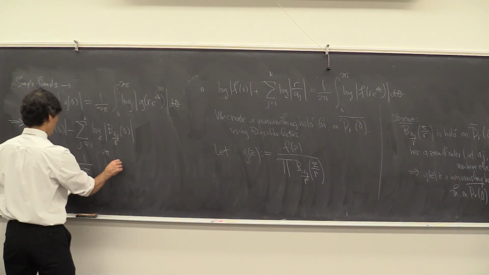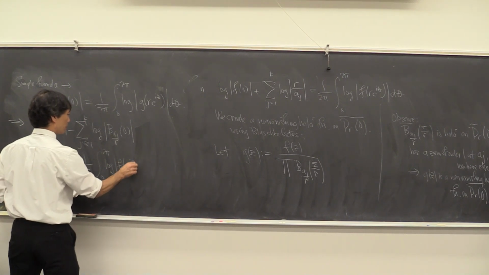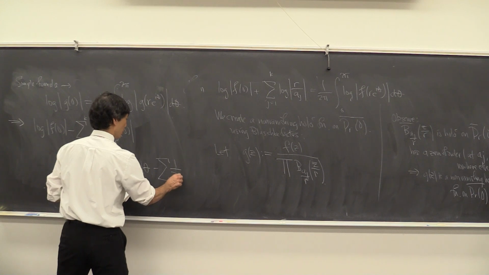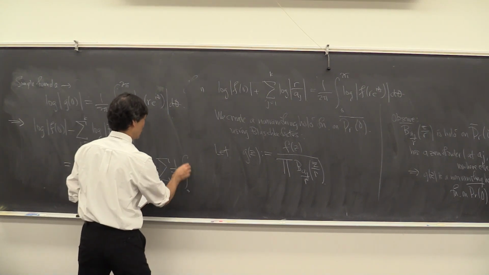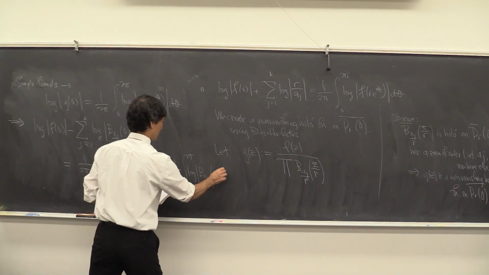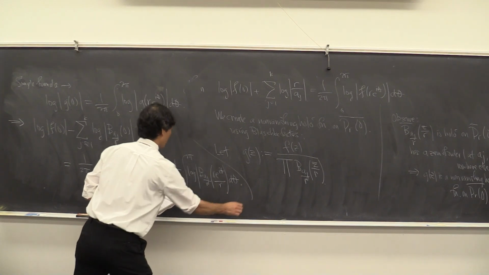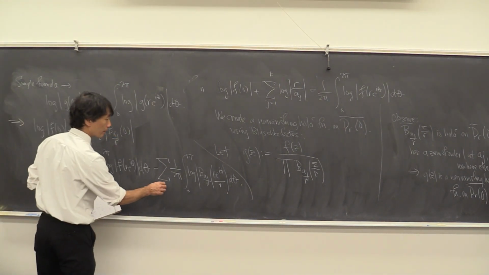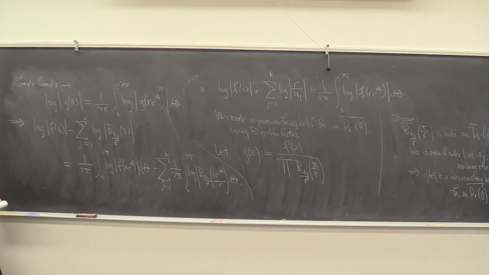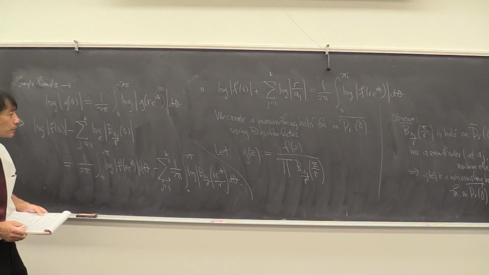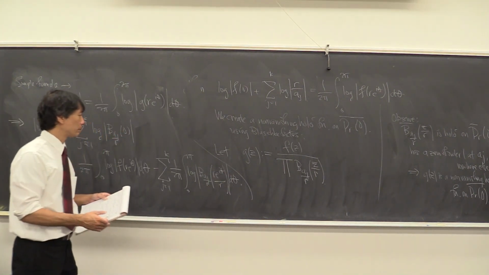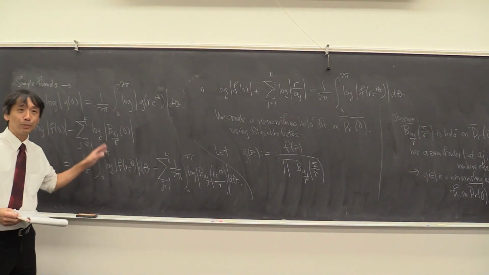We get the log of the original function minus the sum of those average values for the Blaschke factors. Everybody okay? We just use properties of the log.